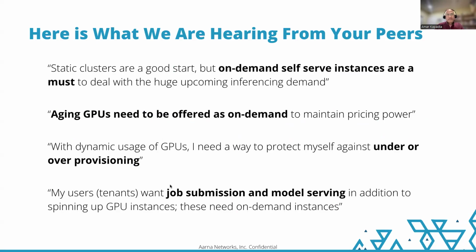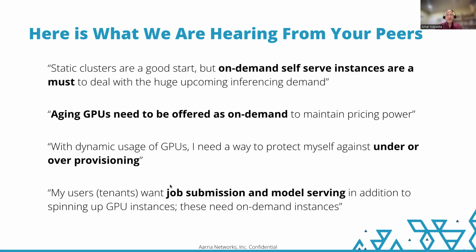Static clusters are a great start, but on-demand self-service instances are a must to deal with the huge upcoming inferencing demand. So many times what we see is that GPU as a service providers start their journey with static allocation of GPUs using manual provisioning. And this works great for training customers.